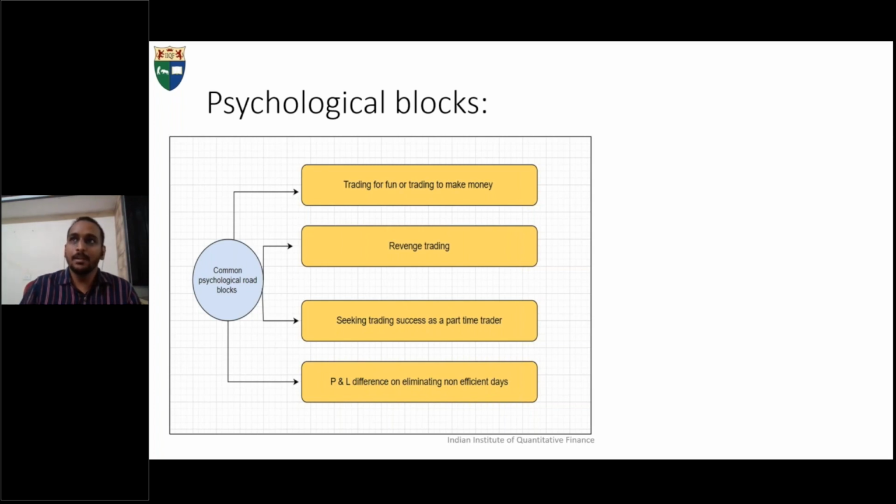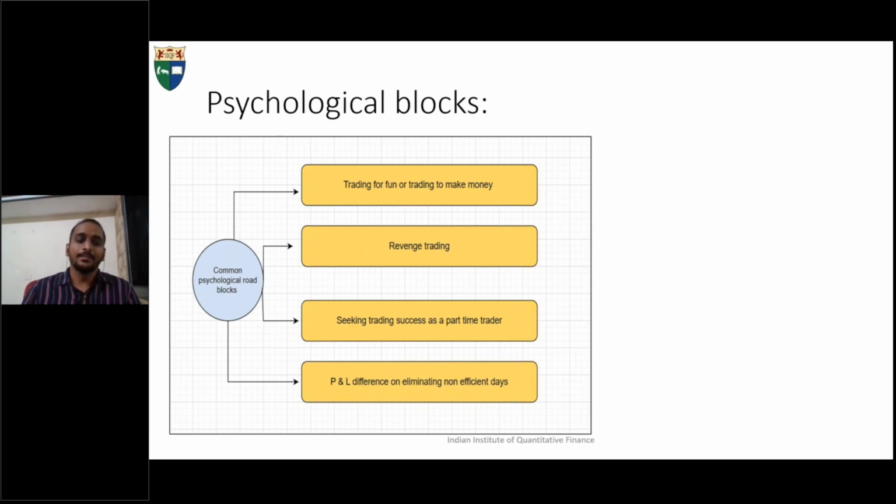Secondly, some people, while hopping from one system to a second system, do revenge trading. Even if they don't have the setup or the correct signals on the system, they keep on trading in a wrong way, what we call revenge trading, which is again a wrong approach.